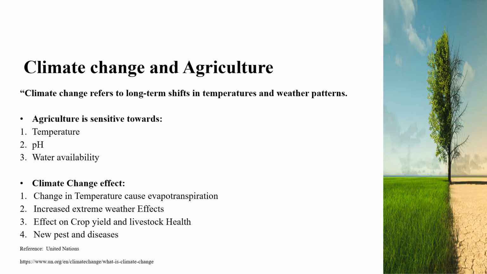Number two, it increases extreme weather events, and number three, it affects crop yield and livestock health as well. Number four, it will introduce new pests and diseases, as changing climate is being observed everywhere.